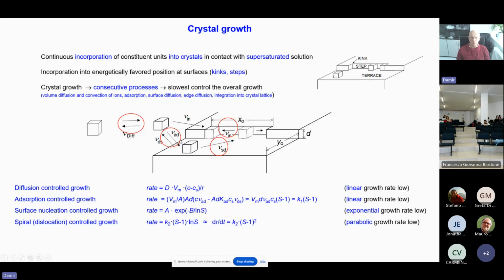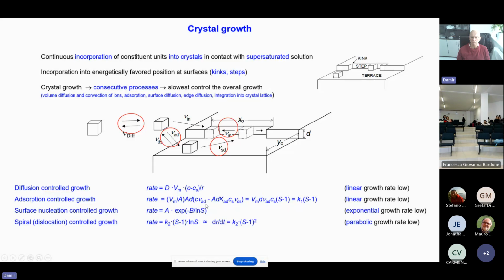The slowest of these processes, which follow each other, is the rate determining process. So the rate determining process can be diffusion, it can be adsorption, surface nucleation, or spiral dislocation. All these processes are shown with some mathematical expressions, and the rate is either linearly dependent on the supersaturation, or also linearly dependent in the case of an adsorption control process.